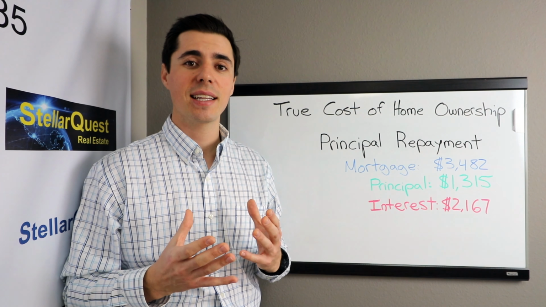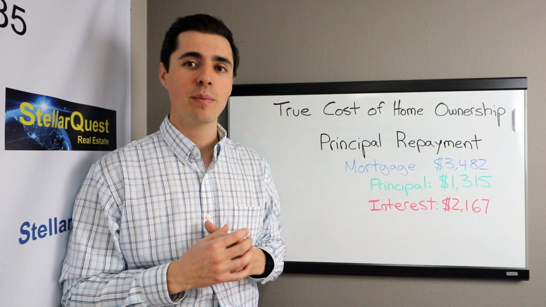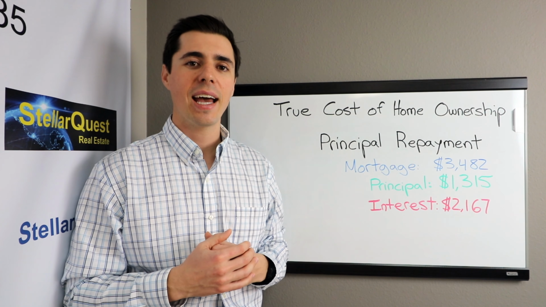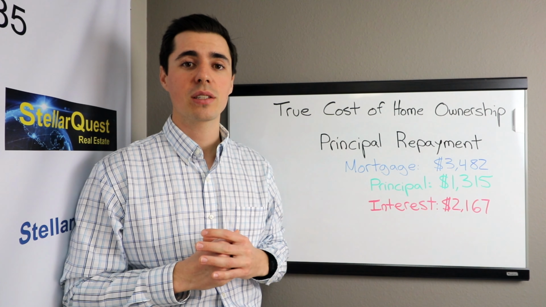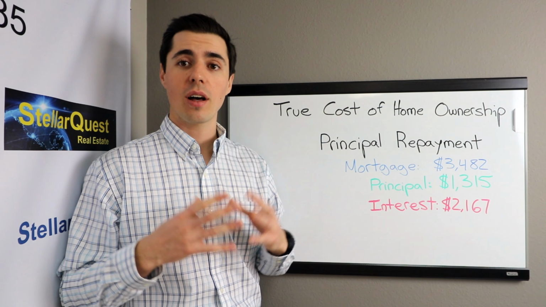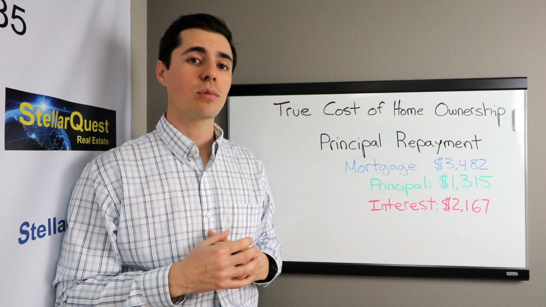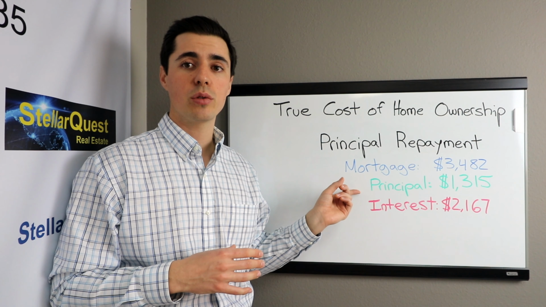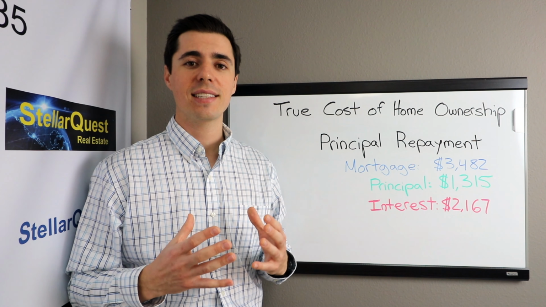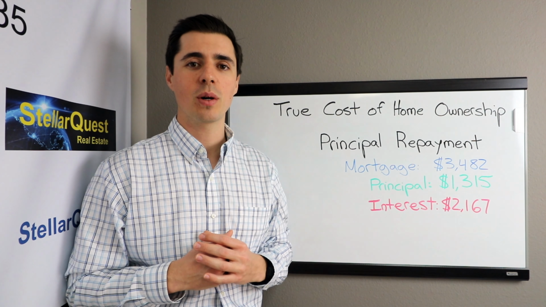By the time you get to your last payment, most of it will go towards principal and only a little bit towards interest. You'll see that when we get done with all of our analysis, we'll actually be subtracting the principal contribution from our total cash outflow to help understand what the true cost of home ownership is.